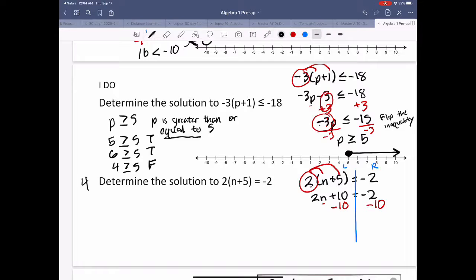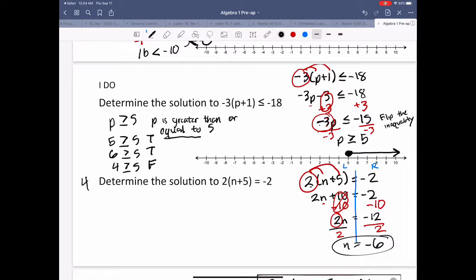So 10 minus 10 gives me my zero pair, and 2n is equal to negative 12. At this point, I'm going to divide by the coefficient of n. n is equal to negative 6. We only have one solution, so basically we're done.